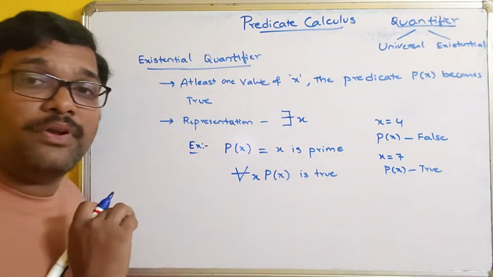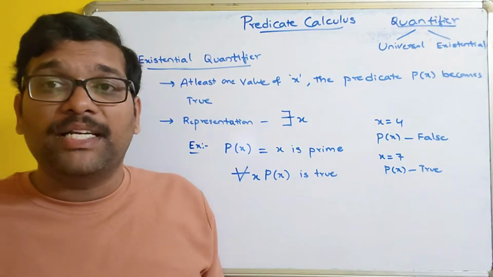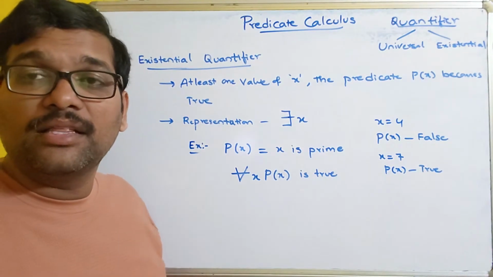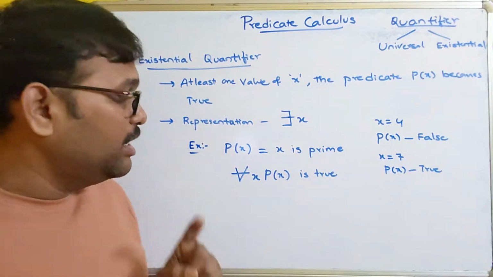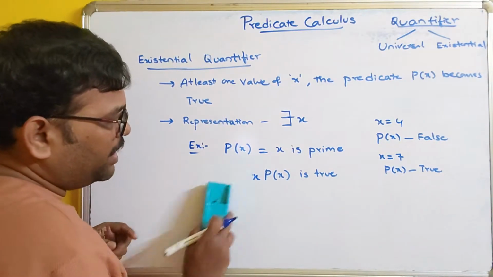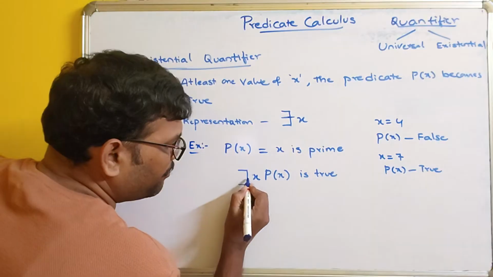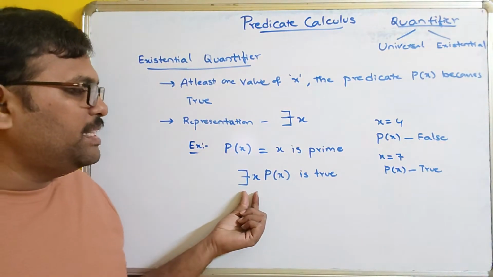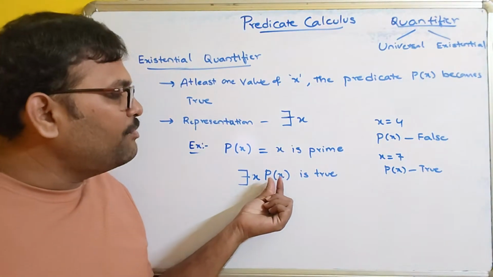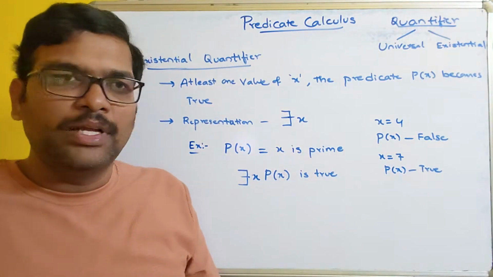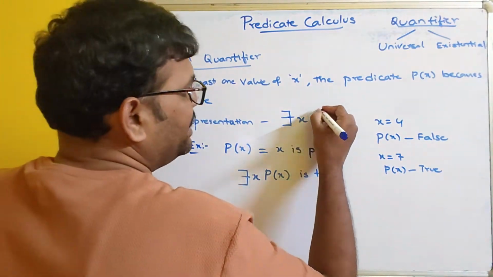That means not for every value of x, but for some values of x, the predicate becomes true. So this can be represented in this way: there exists some x where P of x becomes true. This is also called there exists.